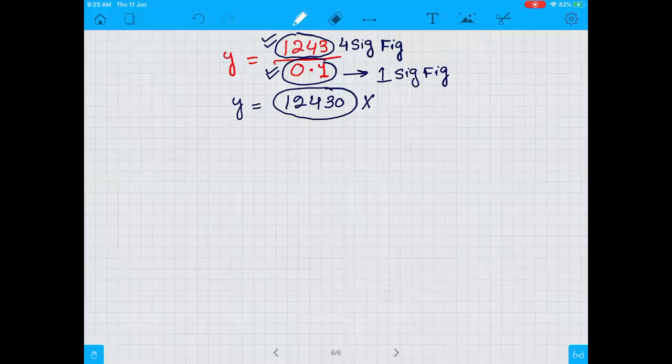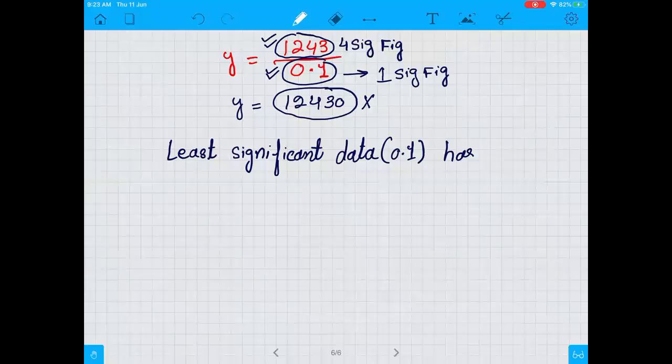Now the least significant data, that is 0.1, has one significant figure. So the least significant data, that is 0.1, has one significant figure.